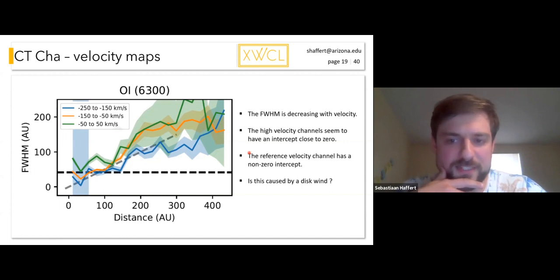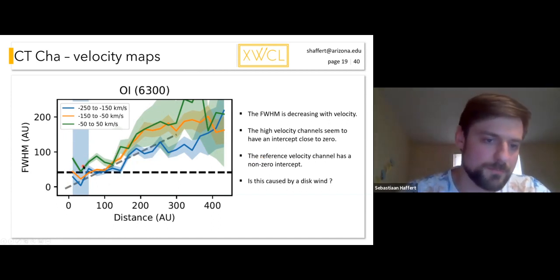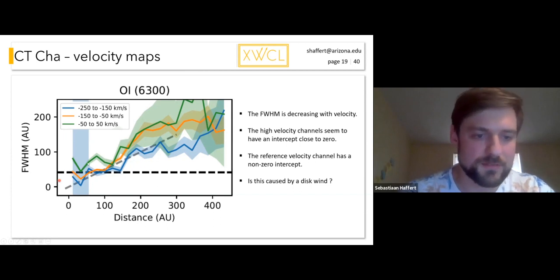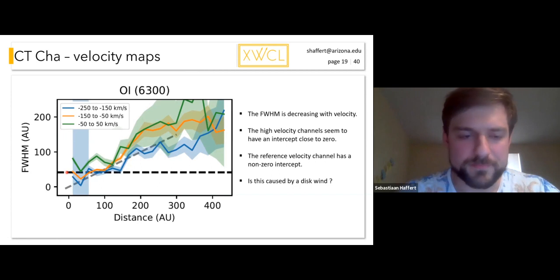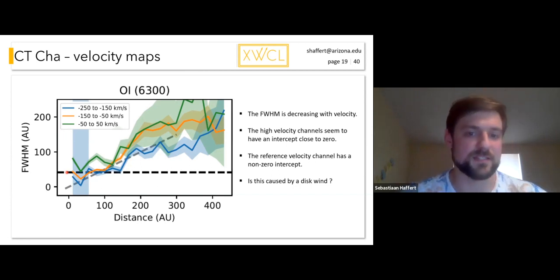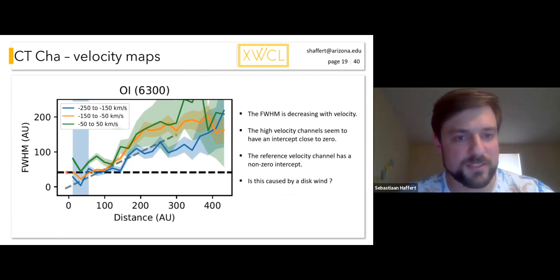For the oxygen line, the high velocity channel seems to have an intercept close to zero, while the low velocity component, the green one, is intercepting at a different full width maximum. So it could be that there is a difference in ejection radius at the different velocities.